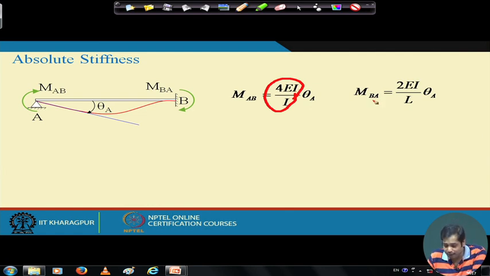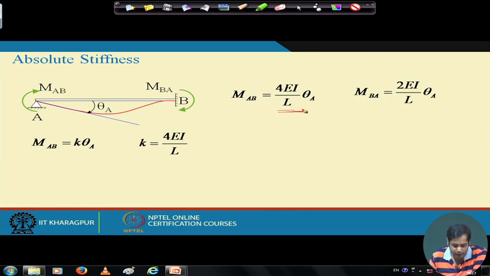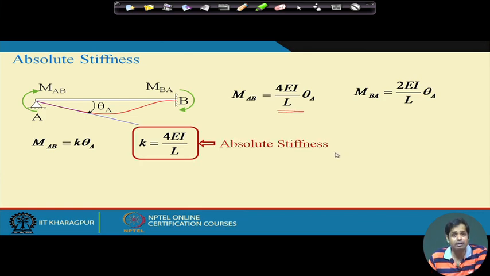And similarly, MBA, the reaction at B because of this moment applied at A, is 2EI by L times theta A. That we have already seen. So, we can write MAB as k theta, where k is equal to 4EI by L, and k is called the absolute stiffness.